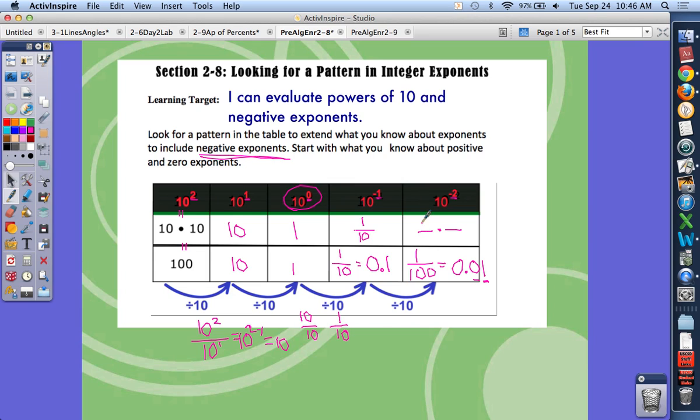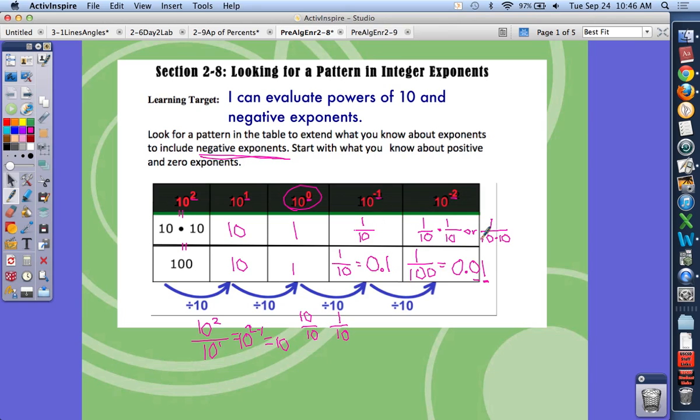It's actually 1/10 times 1/10. Hopefully you see how we got there. So we have the 1/10, we have the 100, we divide by 10, keep continuing to divide by 10 to get into those negative exponents, and we see that these negative exponents are these fractions.